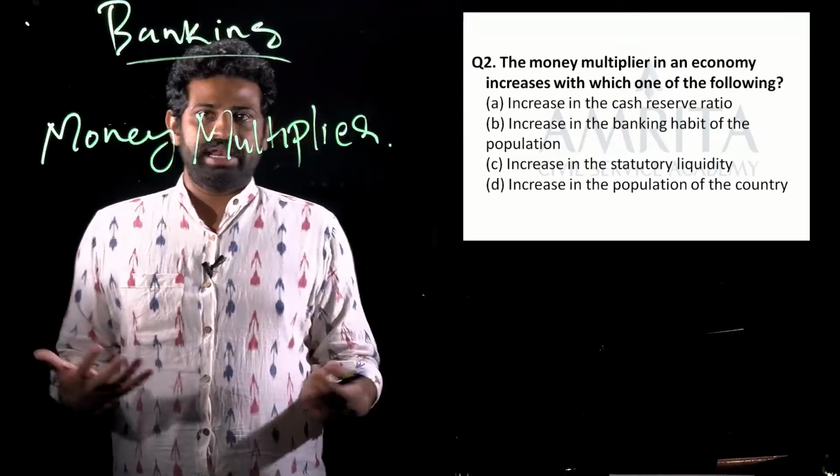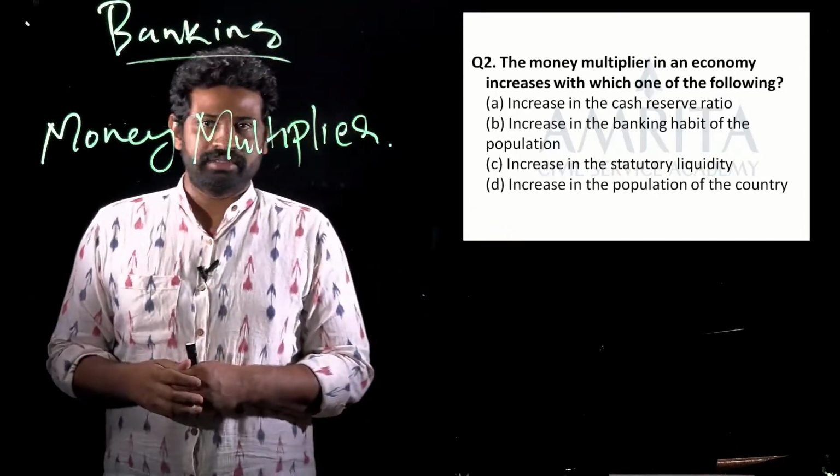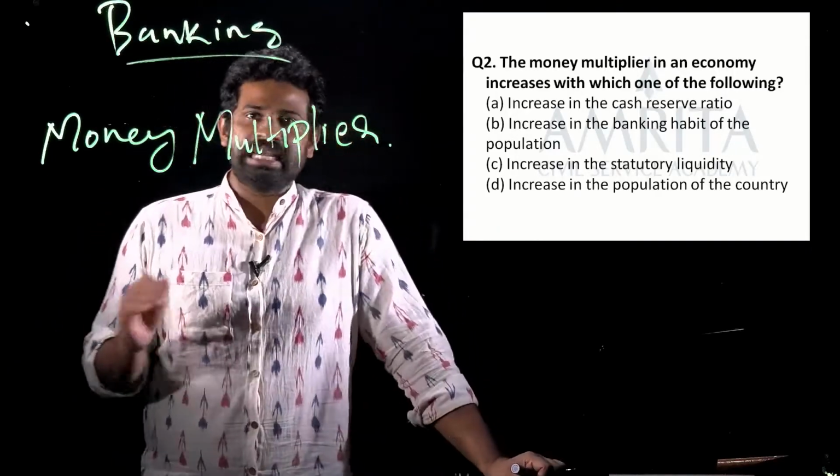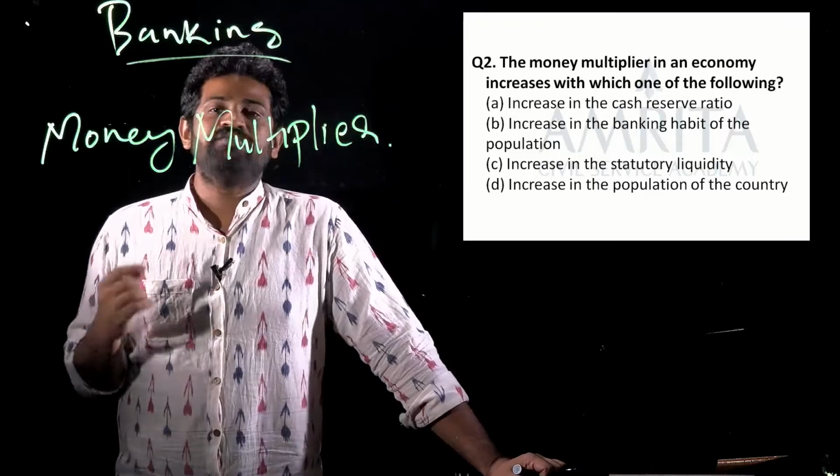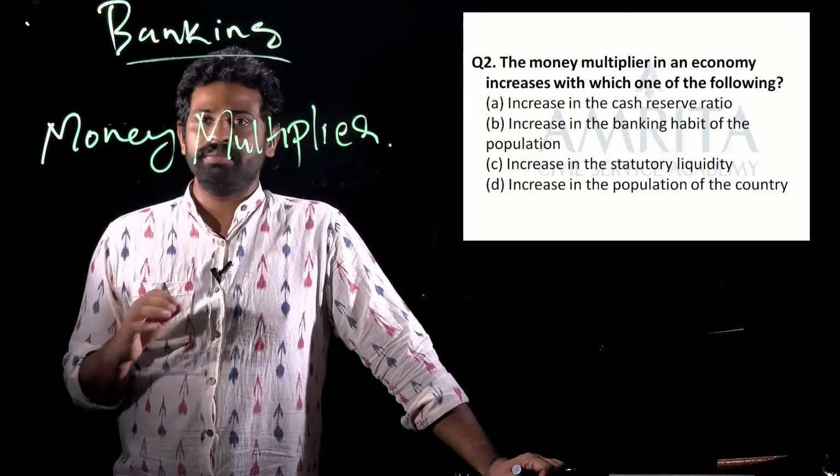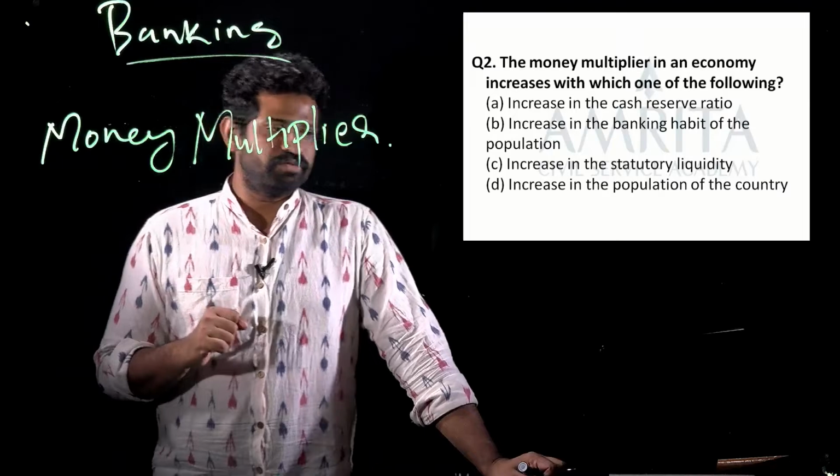They don't do reckless lending beyond their own capabilities. CRR and SLR are a safety mechanism that our monetary system has built in. Just have that information.